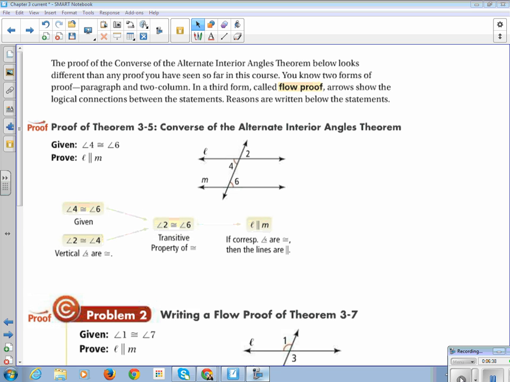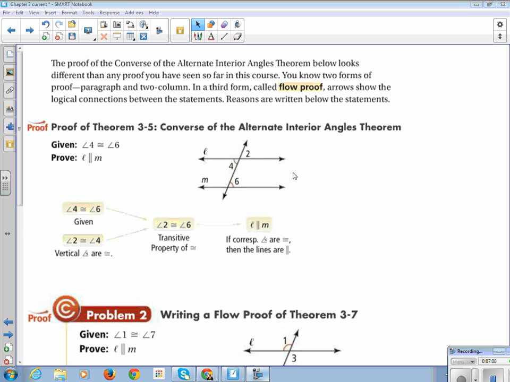Okay, so we're going to look at the 3-5 Converse of alternate interior angles theorem. So the converse says if alternate interior angles are congruent, then the lines are parallel. So angle 4 is congruent to angle 6, that's given.